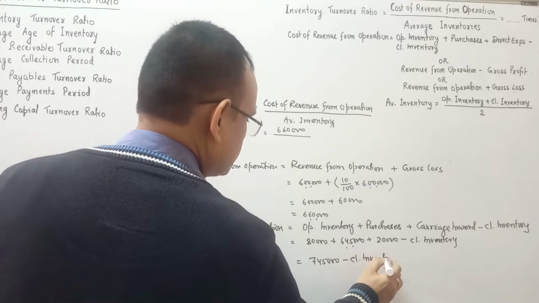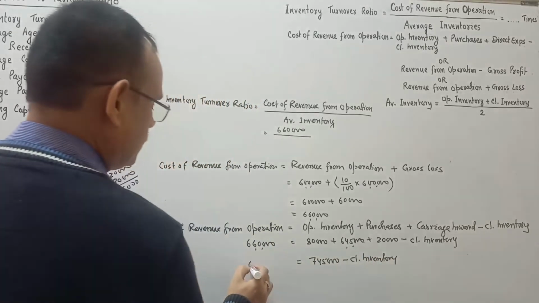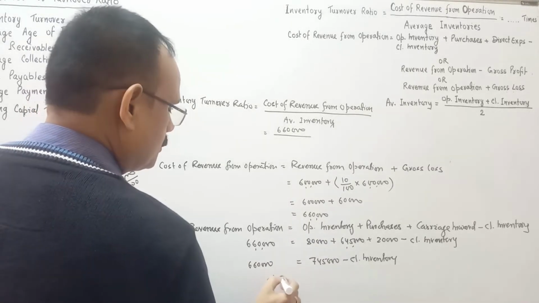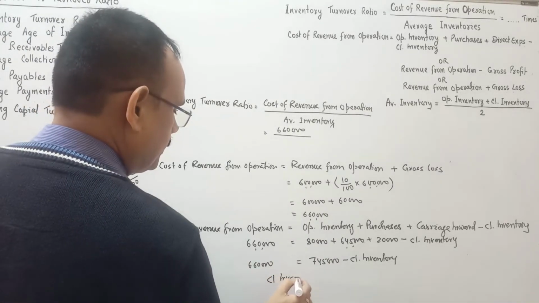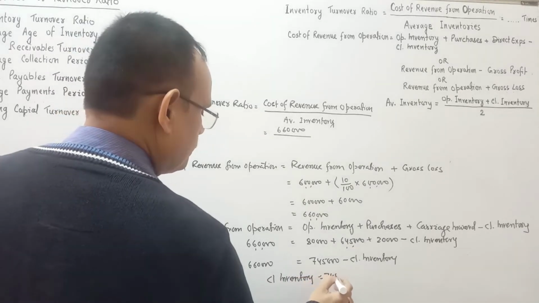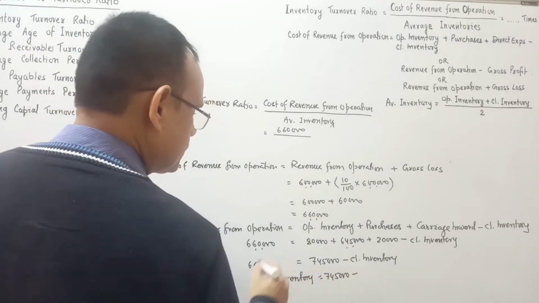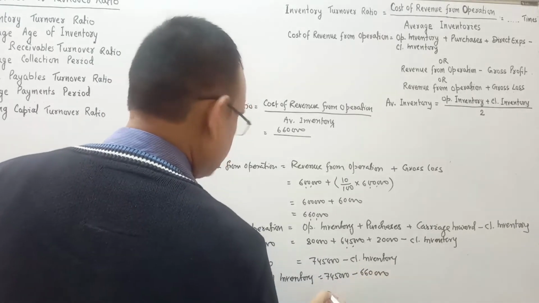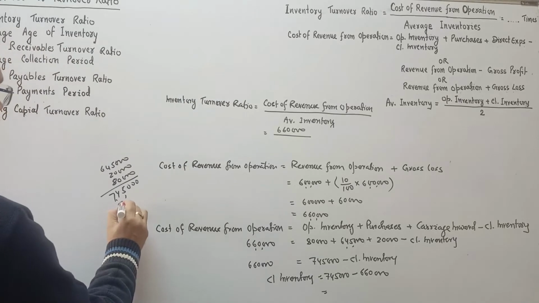So closing inventory is equal to 7,45,000 minus 6,60,000.